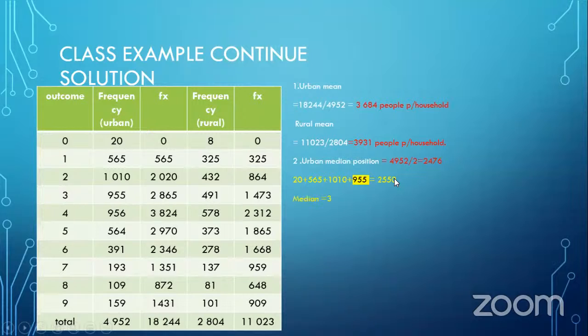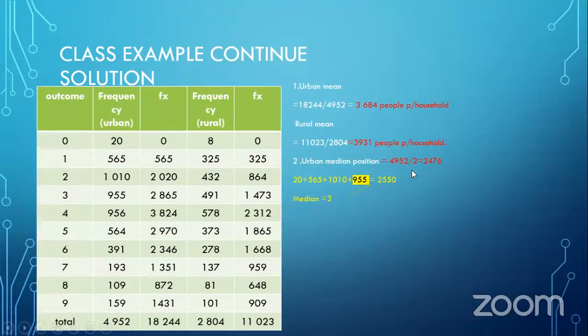So our median is equal to 3. Why am I saying 3? It's because of the last number that we added to get the sum of 2,550. It must be equal to or past the amount.